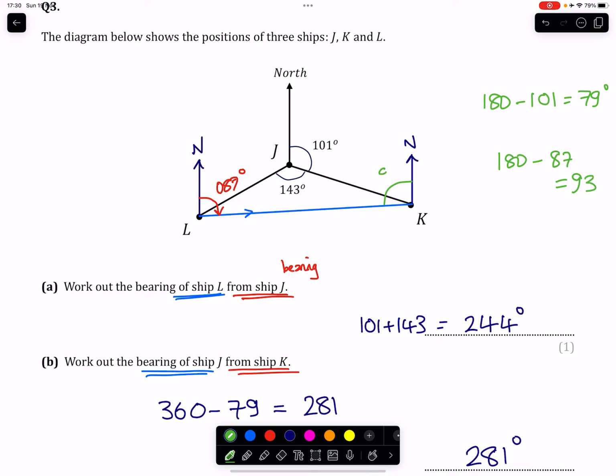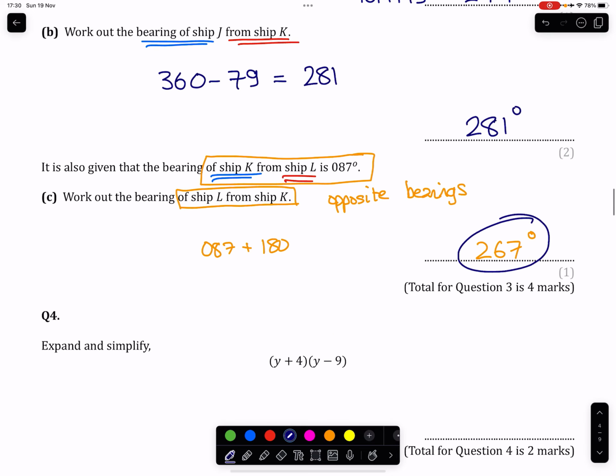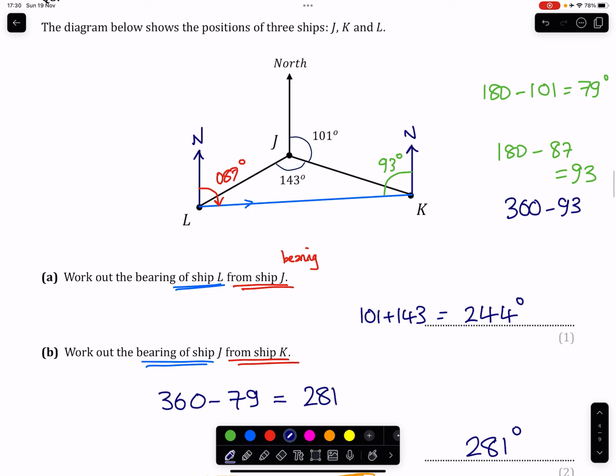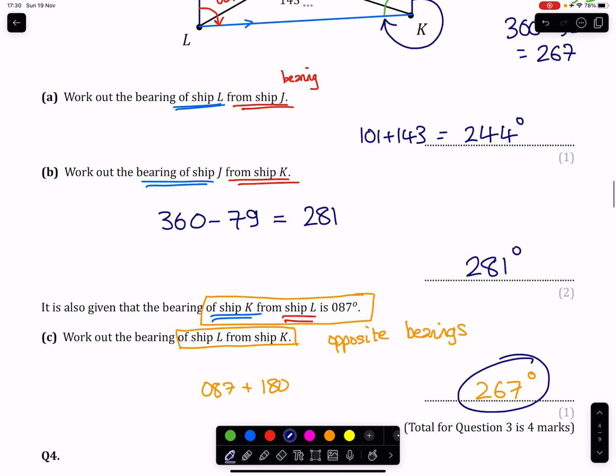So this would be a 93 degree angle. And then from there, if I take away that 93 from 360, I see 267 degrees, which is the bearing that we are looking for. Therefore, we are done.